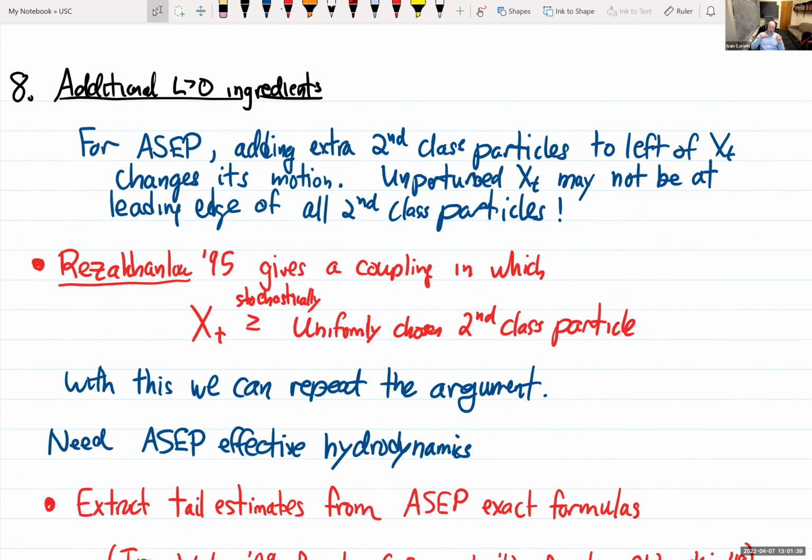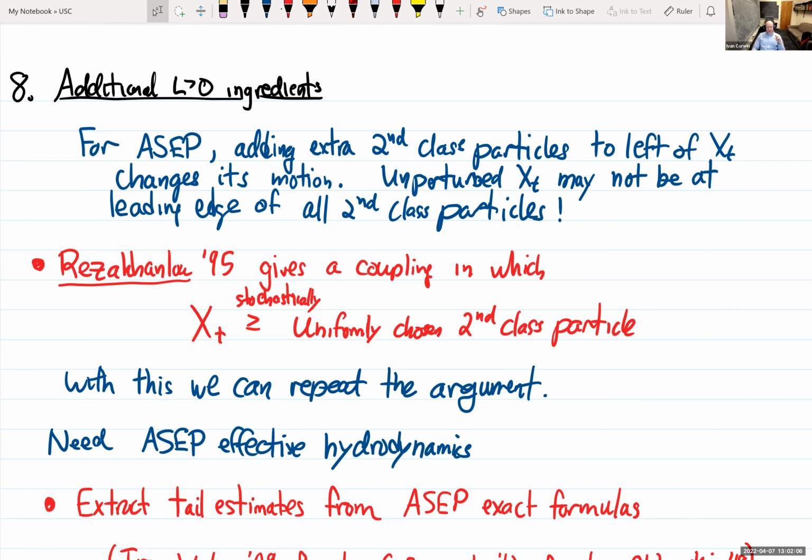In TASEP, I knew that the second-class particle that started at the origin was going to be the biggest of all of them. In ASEP, that's no longer true, because adding particles behind you actually increases the speed of the second-class particle at the origin. When I add particles behind, the second-class particle can't jump backwards as often, and so it actually moves forward faster.